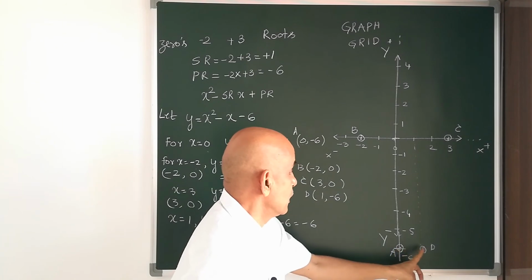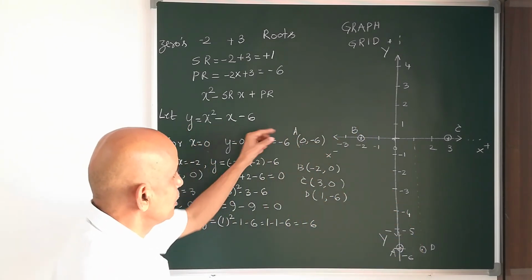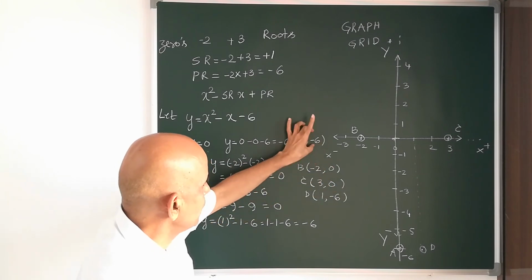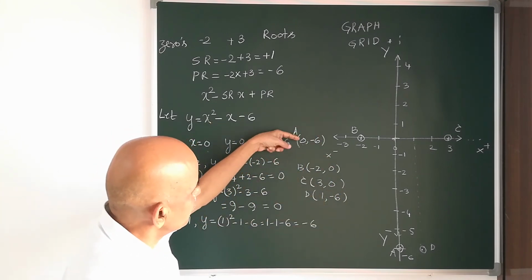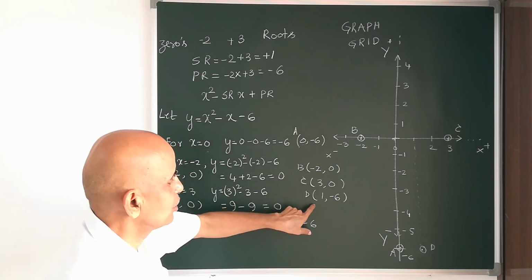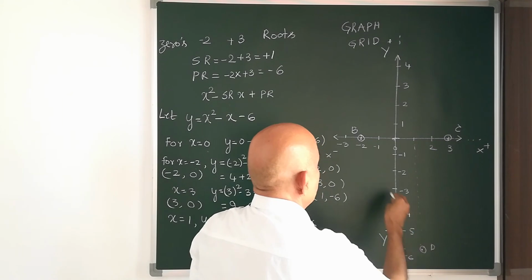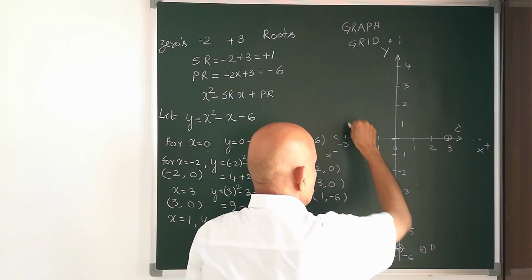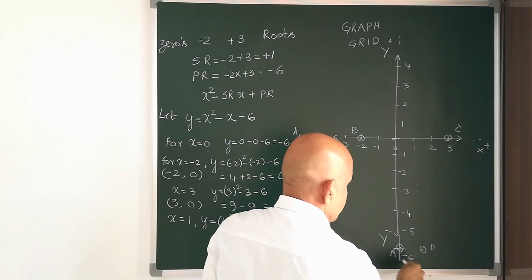So this quadratic expression is taking the same value, y equal to minus 6, at both x is equal to 0 and x is equal to 1. That means this curve, if you join all the points, will take a turning here.